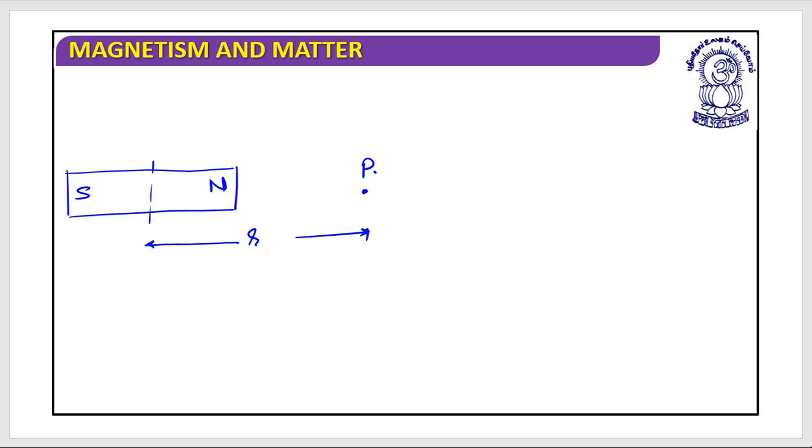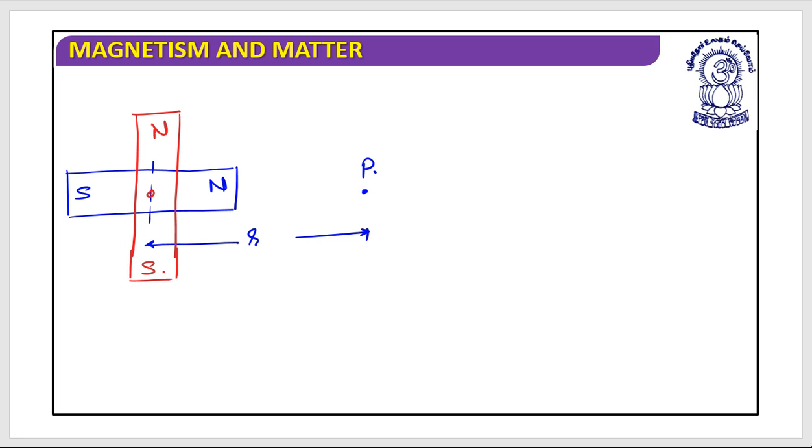We have one more bar magnet which has been kept like this. This is South Pole, this is North Pole. This separation is also R.